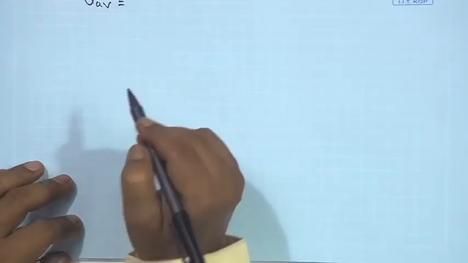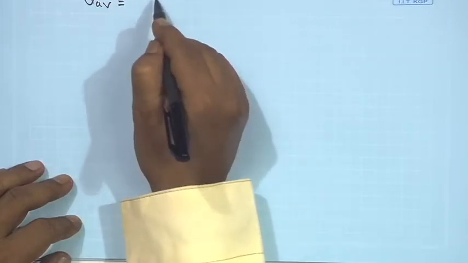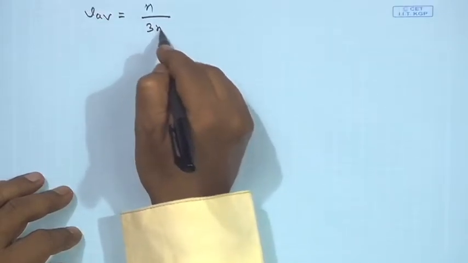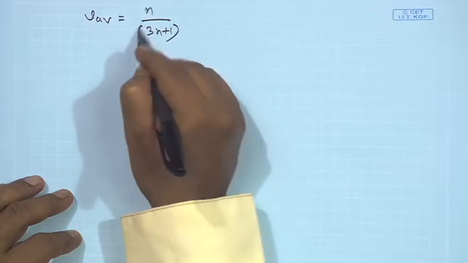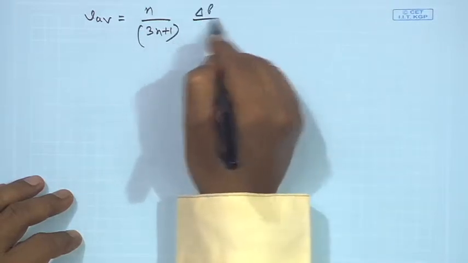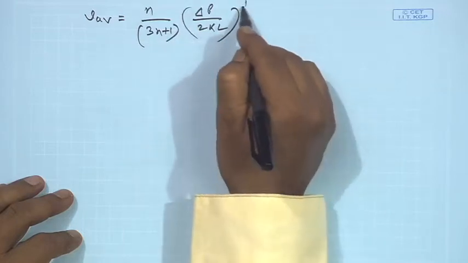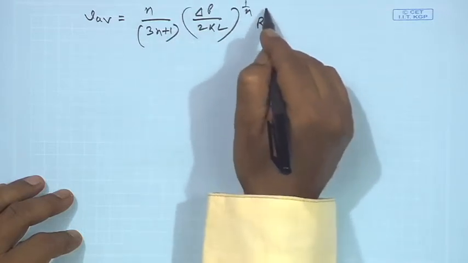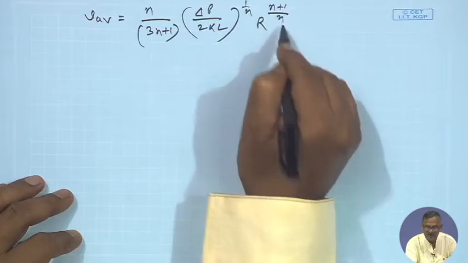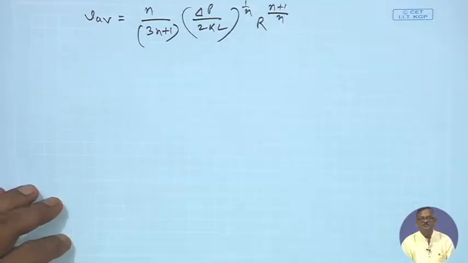So, we have done in the previous class that the average velocity came out to be n by 3n plus 1 into (delta p by 2 k L) to the power 1 by n, r to the power n plus 1 by n, right. This we saw.